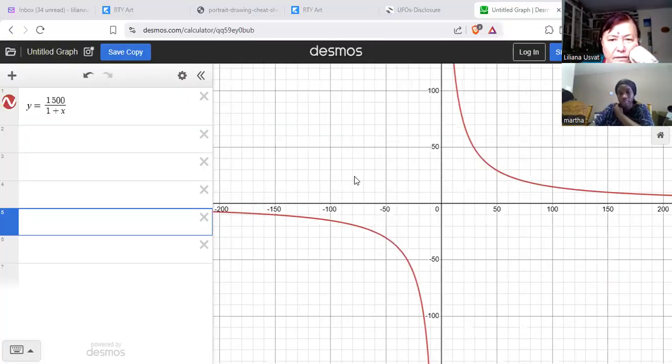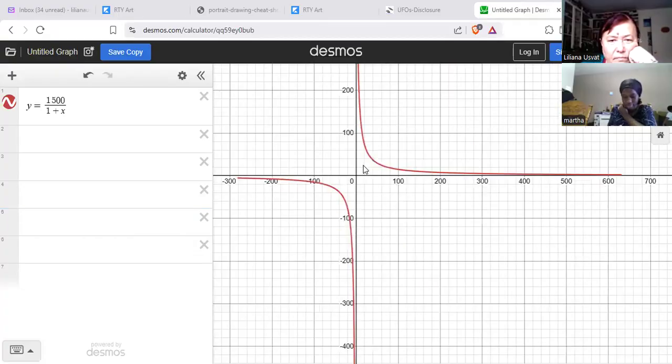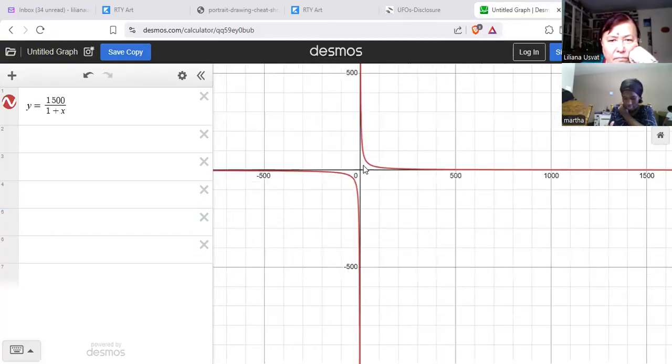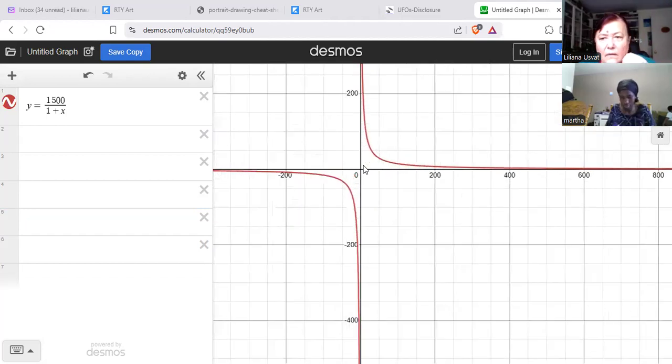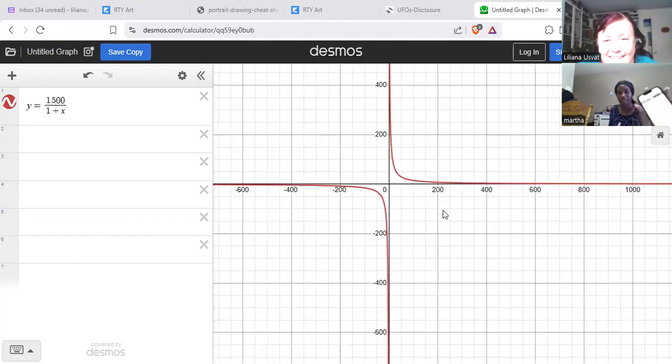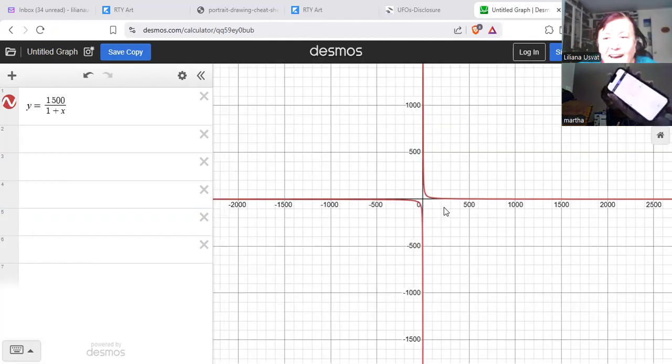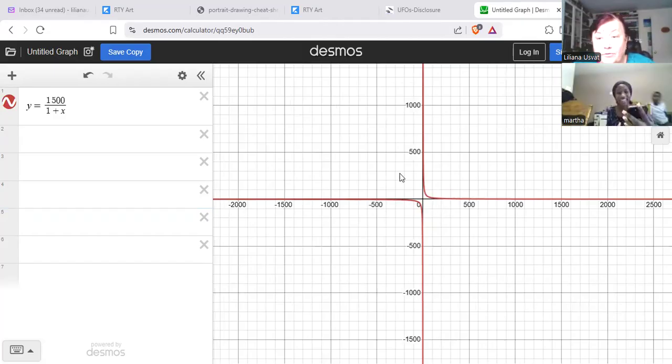Can you see it? Yes. Okay, that's the most accurate. It's very big. You have Desmos on your cell phone, no?